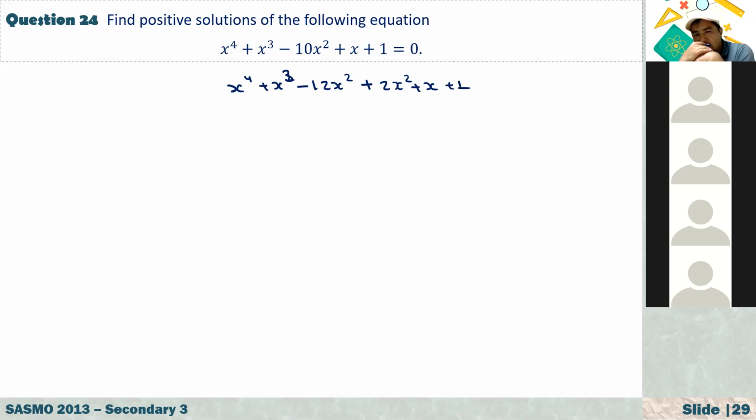I think -11 is better. Huh? -11. Yeah, because now 12, I can write it as 4 times -3. -3 minus 1. Okay.